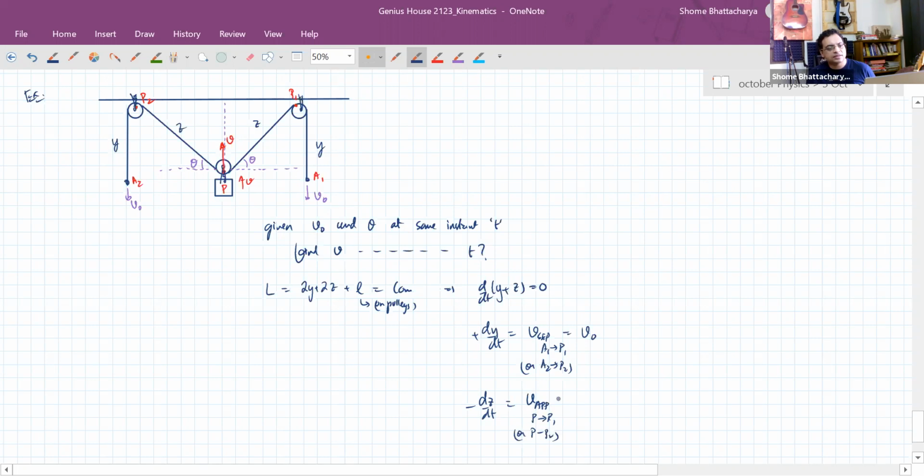They are symmetrical, and that is equal to how much in this diagram? It is becoming V cos(90 minus theta), because this angle here is 90 minus theta, same as this angle. So that's it now. The problem is done. So when you substitute here, you can see that dy by dt should be minus of dz by dt. So V0 should be equal to V sine theta. So that's it. Your constraint relation is completed.